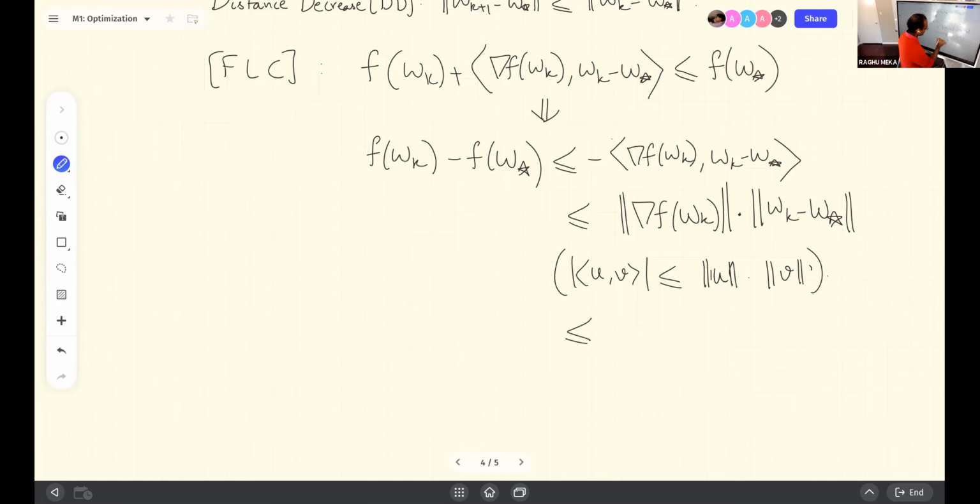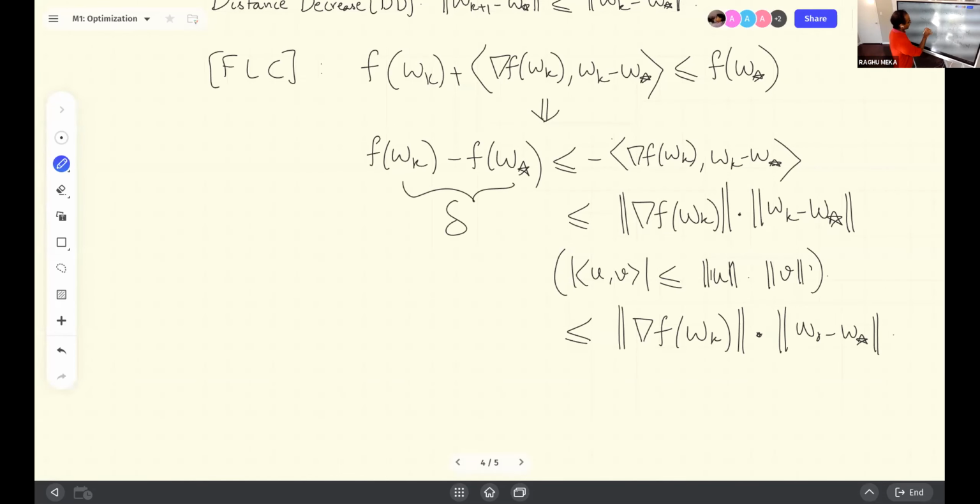Now, by the distance decrease property, we also know that this is at most the gradient times w0 minus w star. Okay? So let's call this difference from the true optimum delta k. So our goal really is to show that delta k is very small as k increases. Okay?